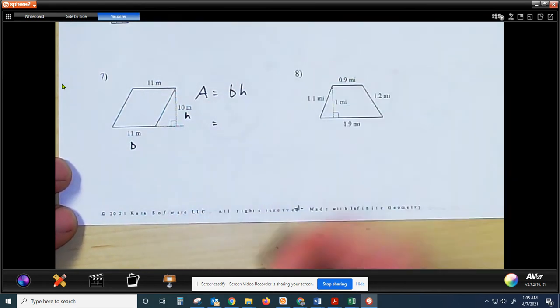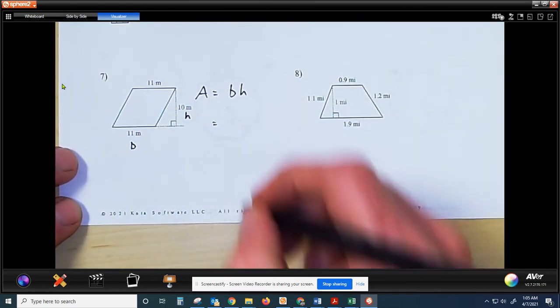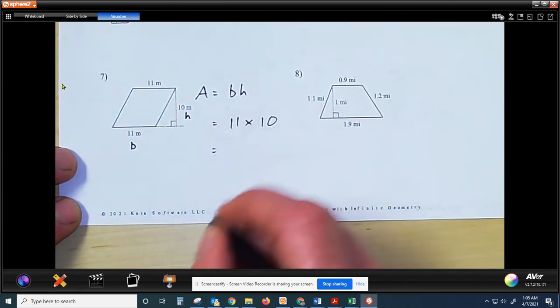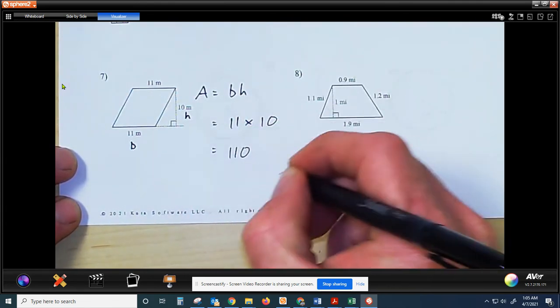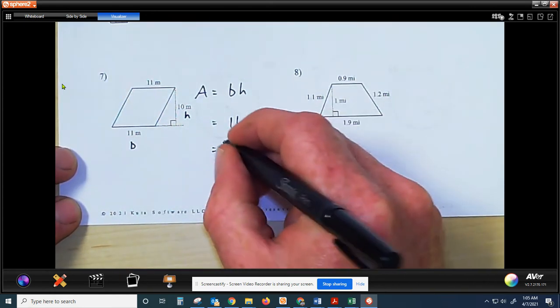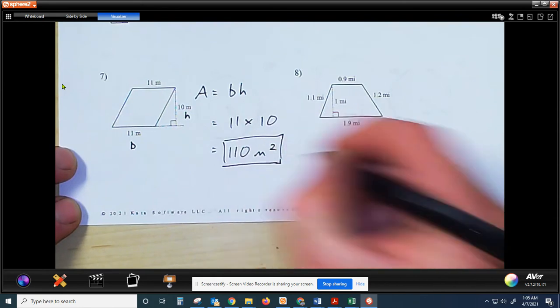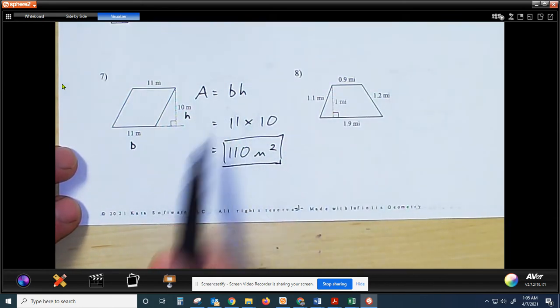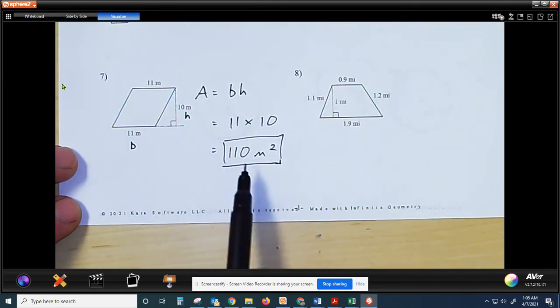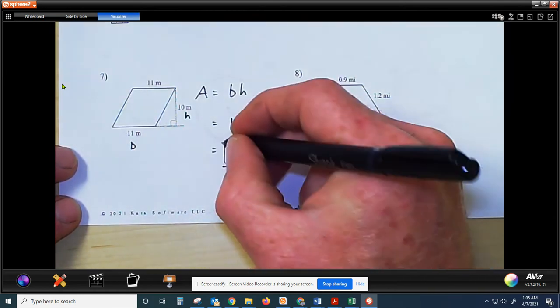There could be extra information in our graphics. Well, I'm going to say 11 times 10. 110, and oh, I've got meters squared. You have enough time today to show your formula, write down the numbers as the problem was set up, and then calculate and clearly box an answer.